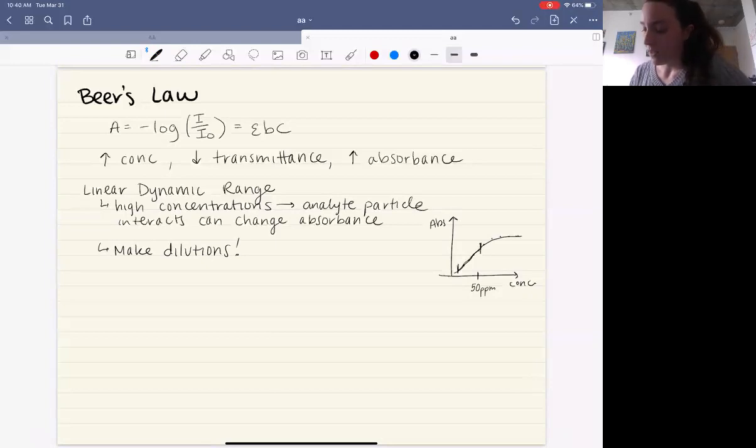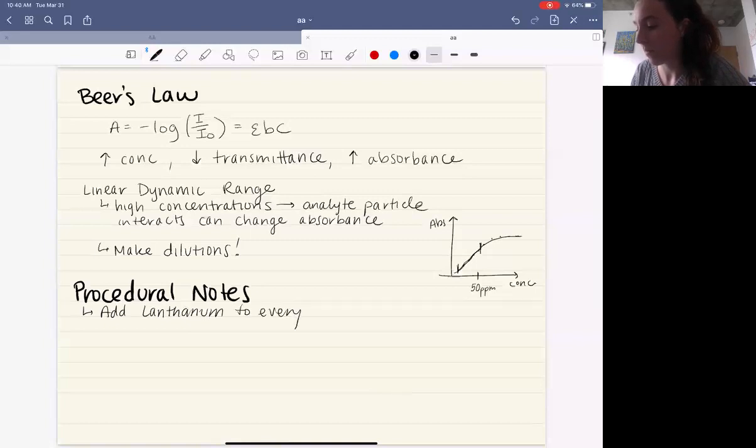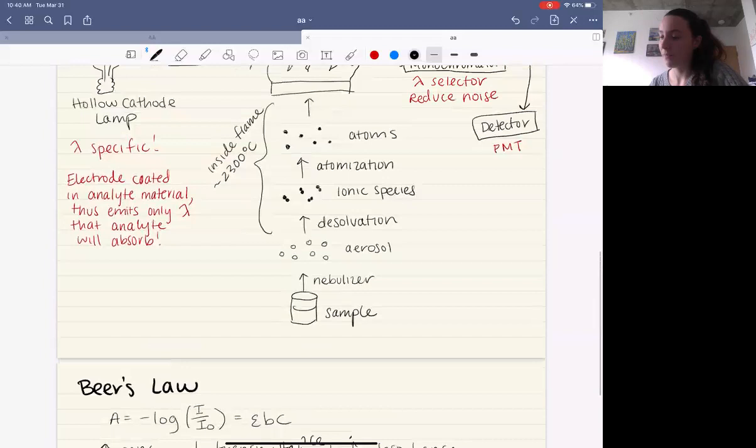So that's going to lead me to some procedural notes for this experiment. First of all, we're adding lanthanum to every sample. The reason we add lanthanum is, let me scroll back here for a second.